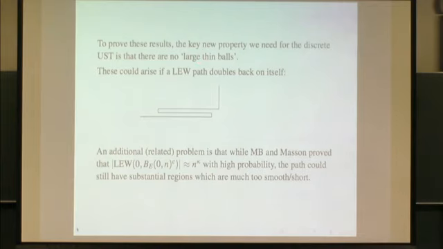So these could occur in a number of ways. One way could happen if a loop-erased random walk path were to double back on itself like that. Then if we look at the uniform spanning tree ball centered at this point here, it just consists of this line segment, or the path that we get there. So we'd have a large, thin ball. Another problem we have is that the loop-erased random walk is not Markovian. In the earlier paper, we showed that if you look at the length of loop-erased random walk from the origin to the boundary of a set, it's going to be of length about n to the kappa.